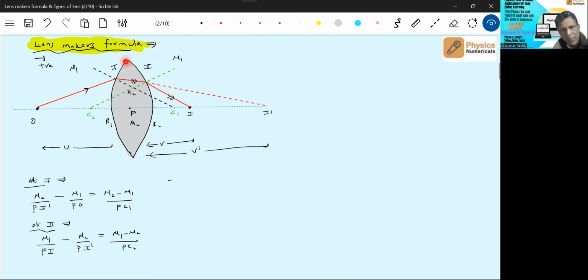Center of curvature of this surface will be at C1. So these are normals. This is a normal. I'll write it here.